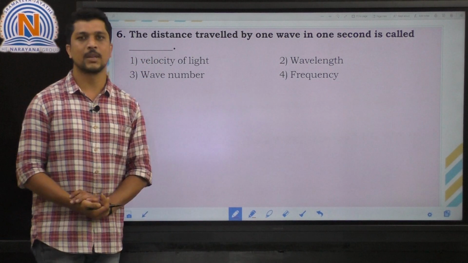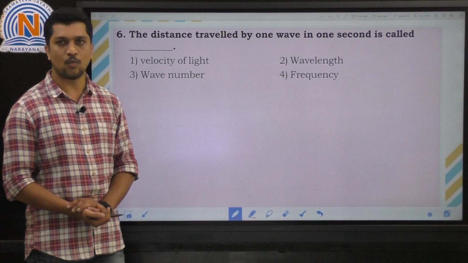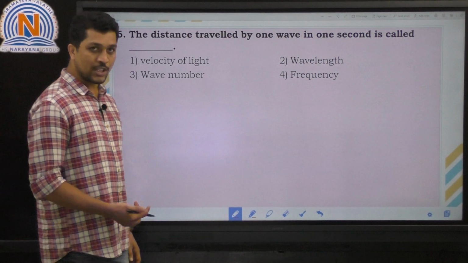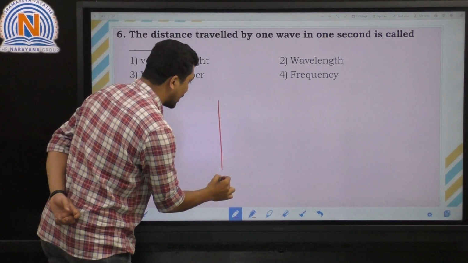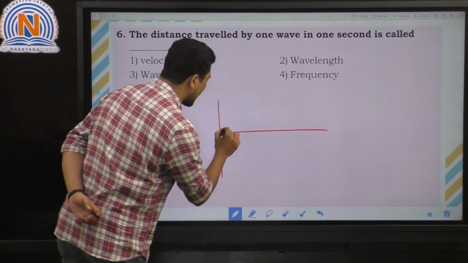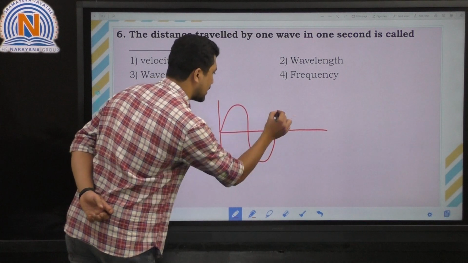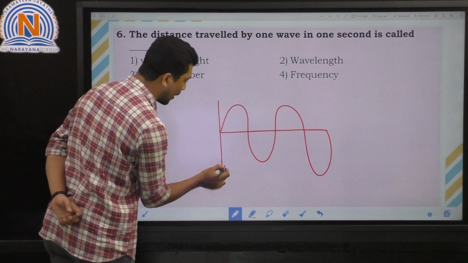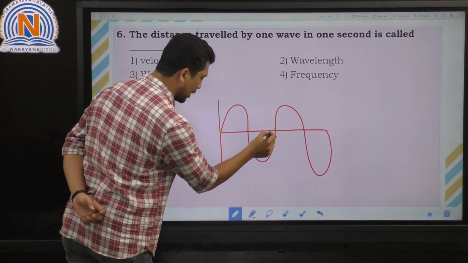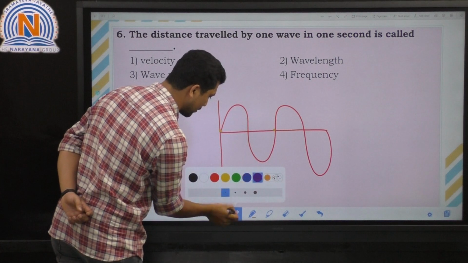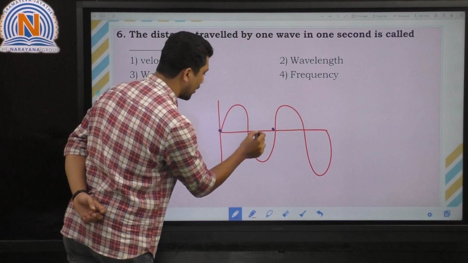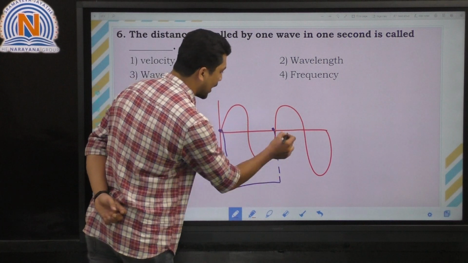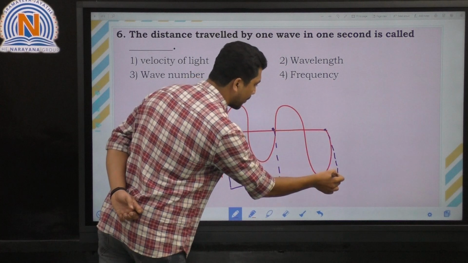So here the question: the distance traveled by one wave in 1 second is called. Just now we discussed that different waves can travel in 1 second with different cycles. So in this wave, from here to here is one cycle, and here to here is another cycle.